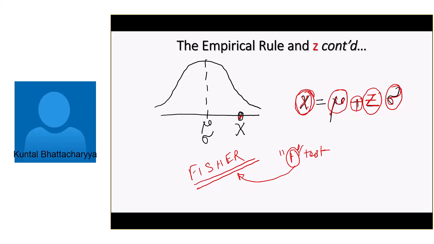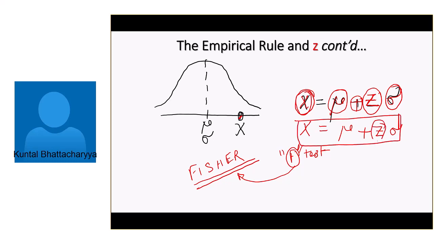I write it again. Any point x on a distribution is z standard deviations away from the mean. That's basically the way you represent z.